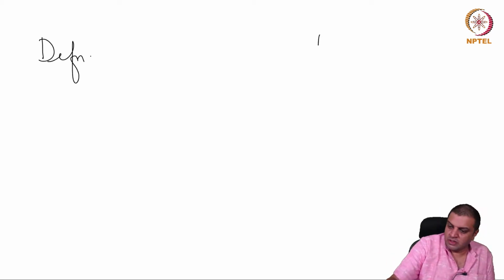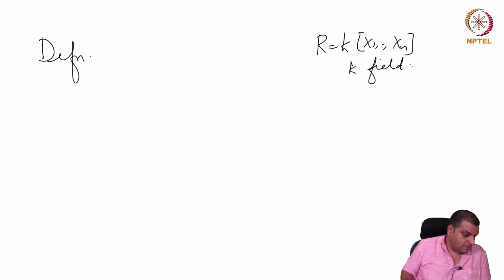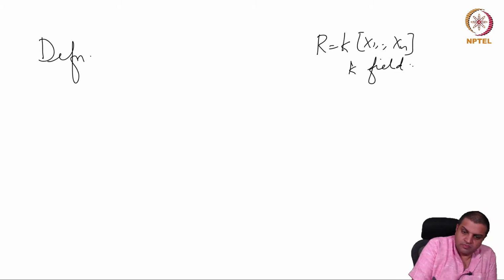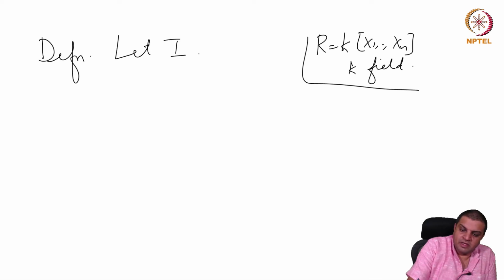So throughout, recall that R is a polynomial ring in n variables over a field K. And let I be an R ideal.